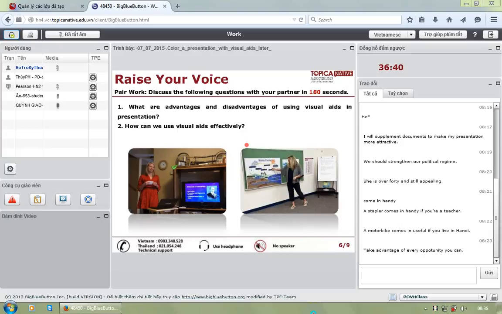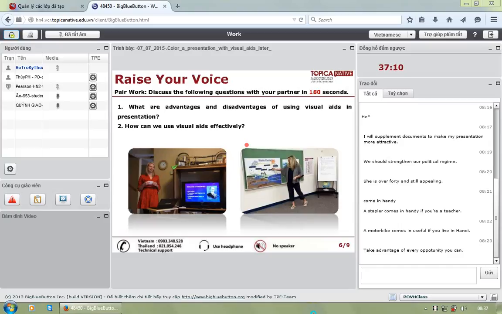And also, I think the background of the slide should be simple, because then the audience can concentrate on the main content of the slide. If the background has too many images or is too colorful, it can distract the audience and make it boring also.